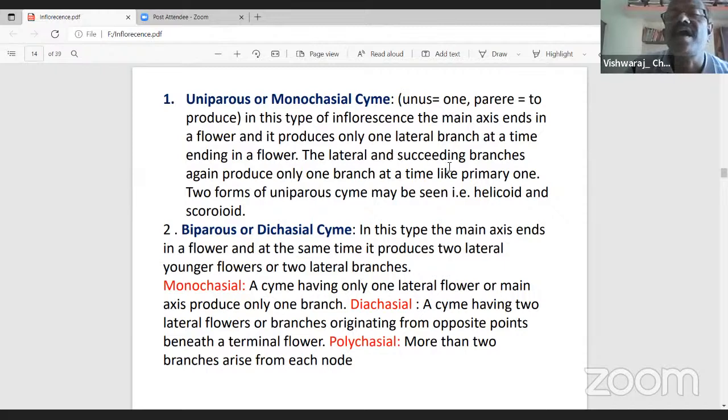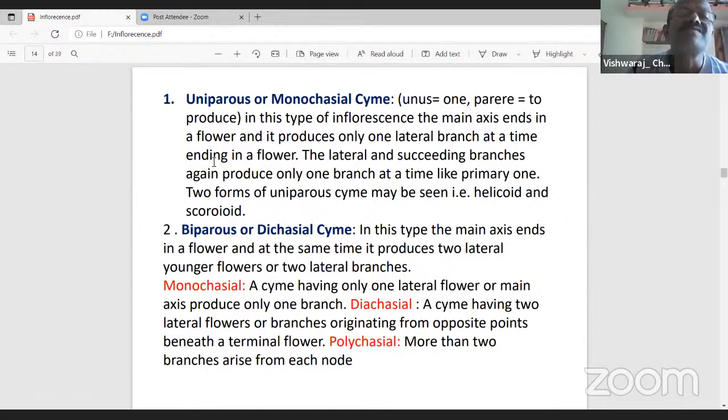The lateral and succeeding branches again produce only one branch at a time, like the primary ones. The true forms of uniparous cyme are helicoid and scorpioid.